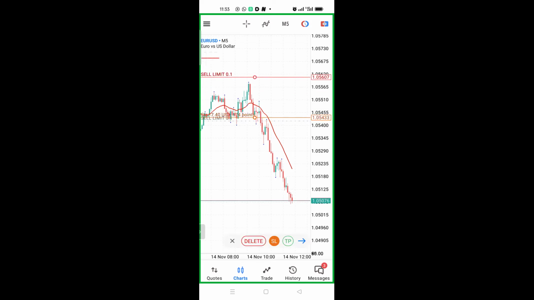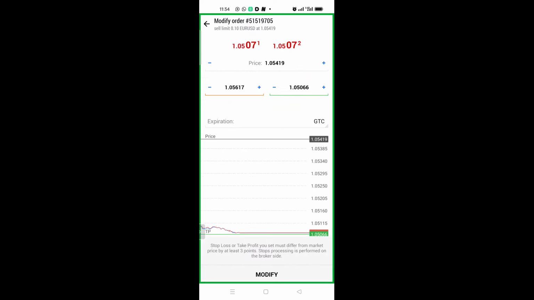This is the XL. I'm still moving the limits. I'm putting take profit here, then I click modify.